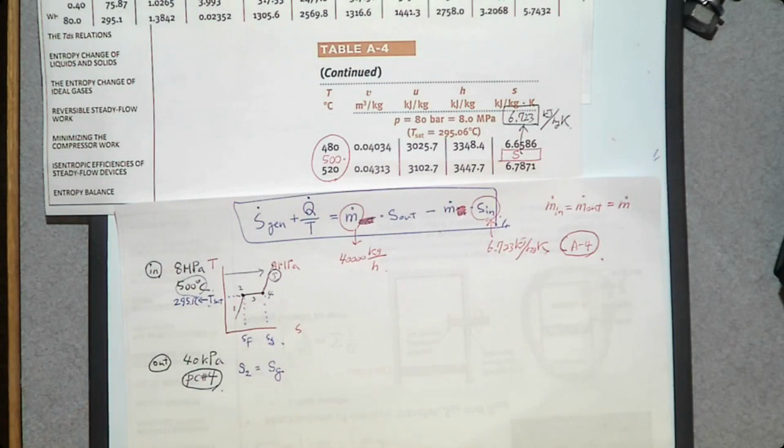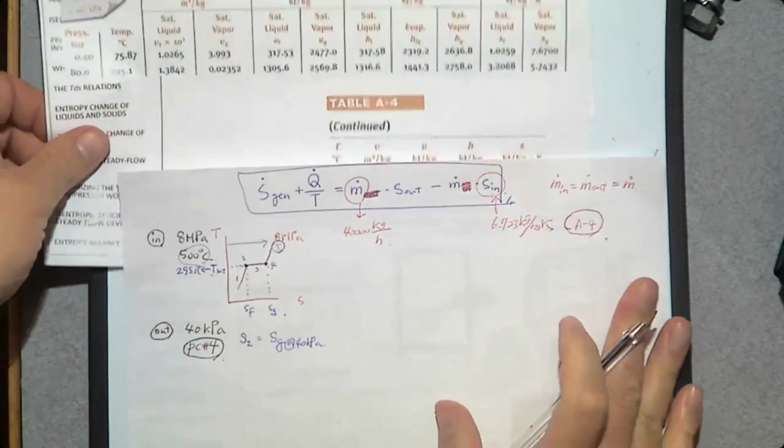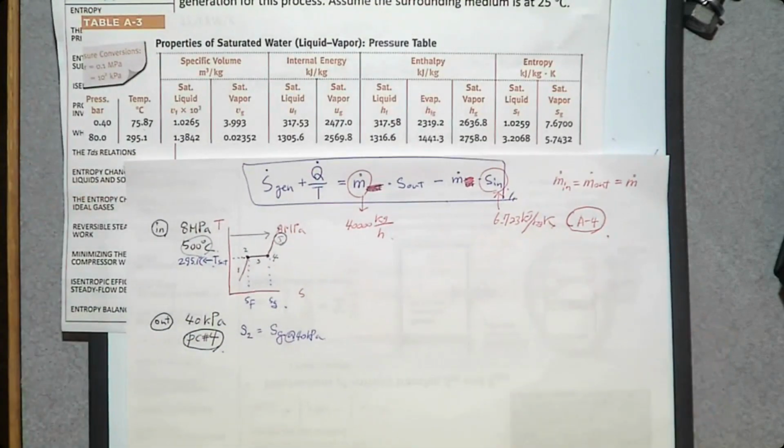This G represents saturated vapor. If it is saturated liquid, Sf. So Sg at 40 kilopascal. Do we know this value? Yes, we do. We have 0.4 bar, which is 40 kilopascal. Sg is here, 7.67.